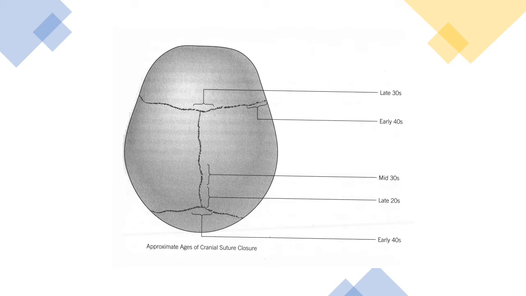Those are just the sutures visible from the top view of the skull that you can see here. And what's interesting about these is that the age at which these sutures between these different bones actually begin to fuse and create a completely single bone element varies, from the late 20s, where the rear portion of the parietals begin to fuse to one another, all the way up through your early 40s, when these different portions begin to meld and fuse together.